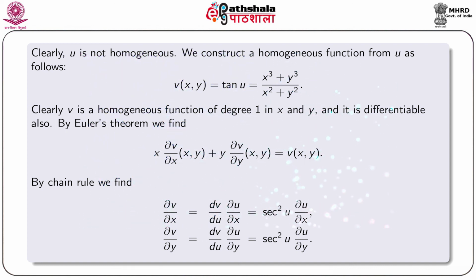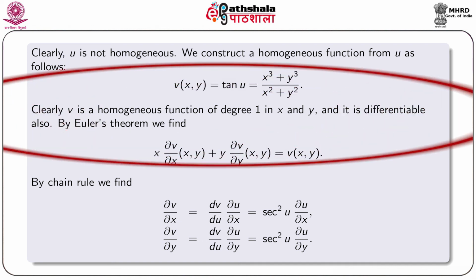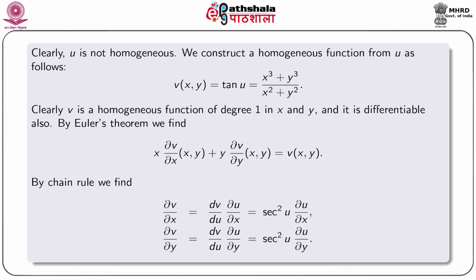Our target is to use Euler's theorem, that is why from u we defined another function v. Clearly, v is a homogeneous function of degree 1 in the variables x and y, and moreover it is differentiable. So, we use Euler's theorem and we find x ∂v/∂x plus y ∂v/∂y equals v.